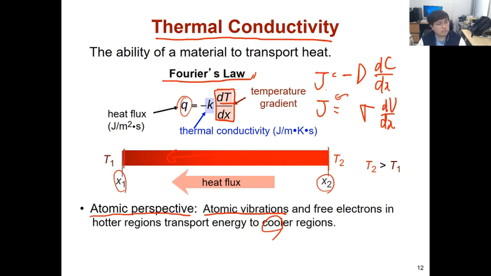In this state the vibration is very fast and large, but in this state the vibration is small and weak. So during heat flux, the kinetic energy can be transferred to another atom, and another atom.